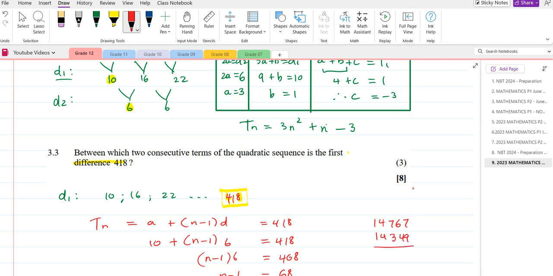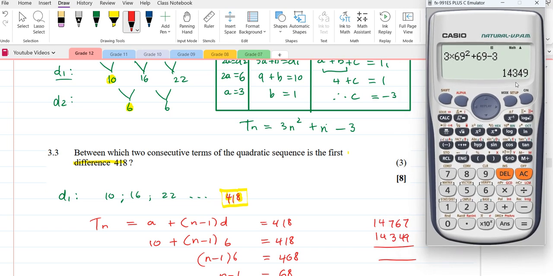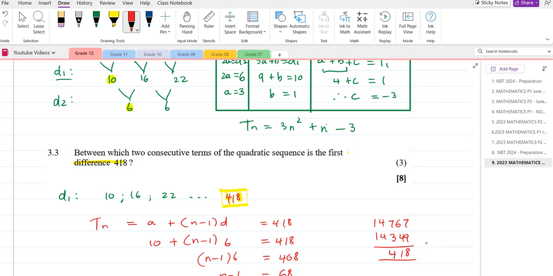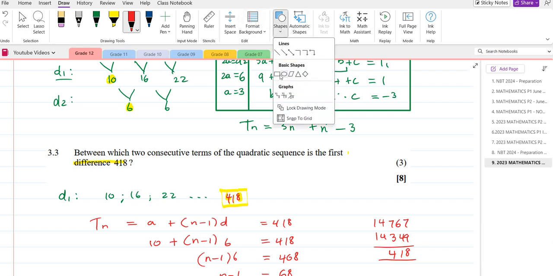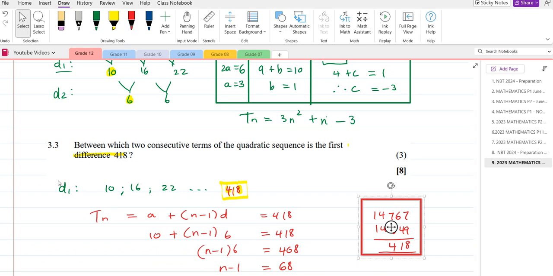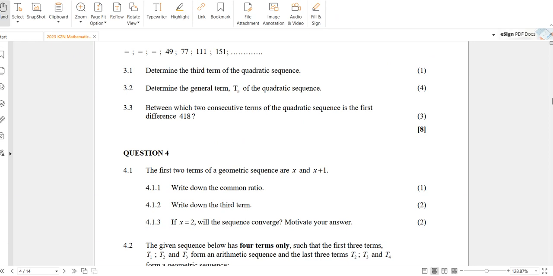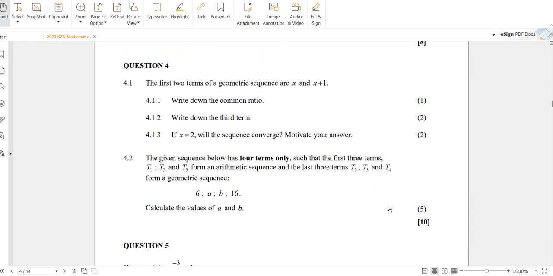And if I subtract both, 14,767 minus the answer in the previous sum, you see we got 418. So that's how I know my answer is correct. I hope you guys are understanding. So far so good, no difficult questions as yet. Moving on to the next problem.